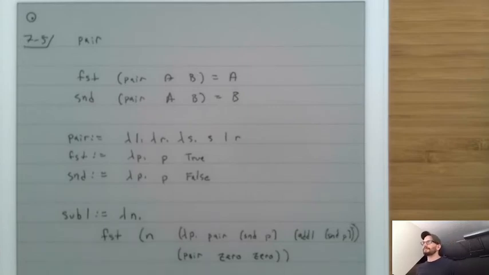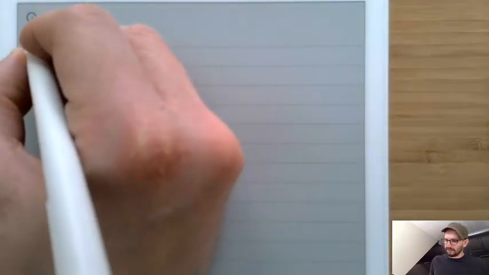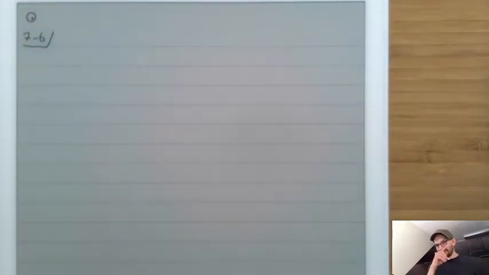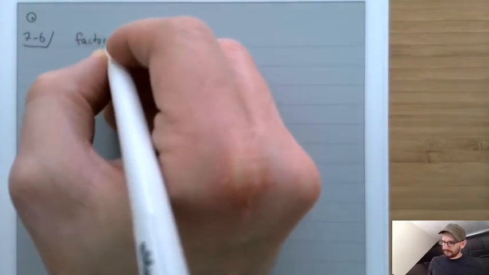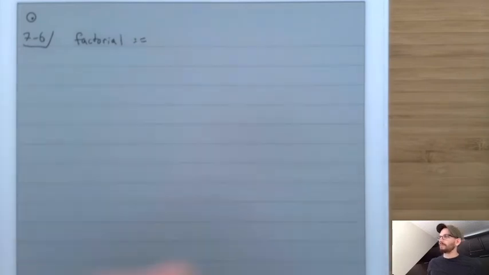Okay, so at this point, we've got add 1, subtract 1, we have multiply. Now would be a great time to write a function like factorial. So how does factorial work?